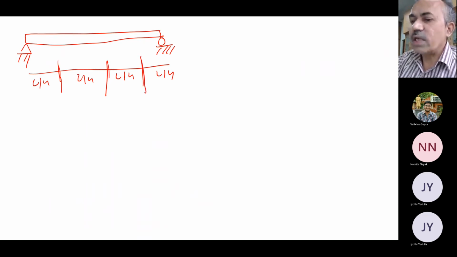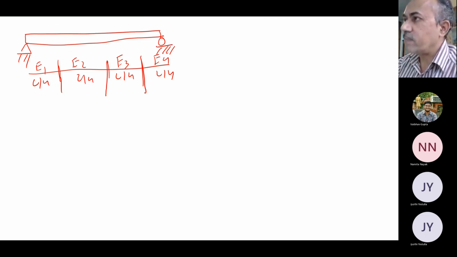Now I will calculate Young's modulus here, here, here, and here in this portion of the beam. Previously, when I was saying that Young's modulus is a random variable, the assumption is E1, E2, E3, E4. If it is a random variable, what happens to E1, E2, E3, E4?